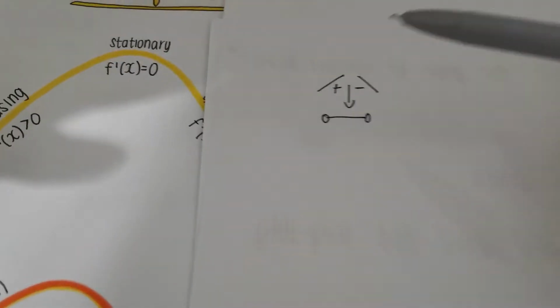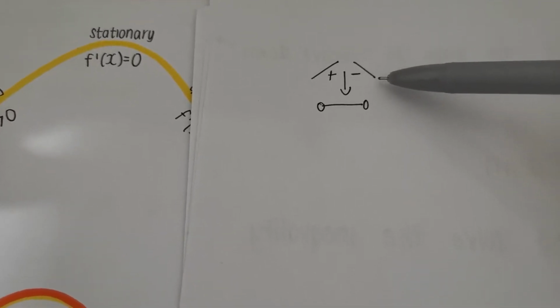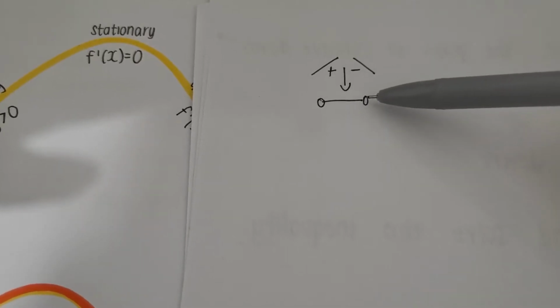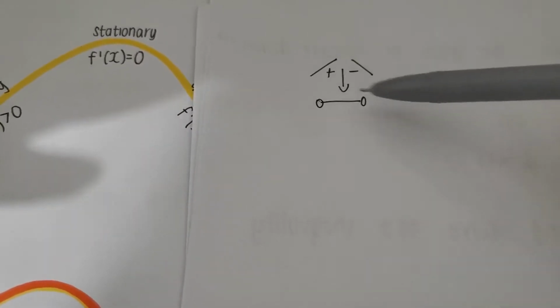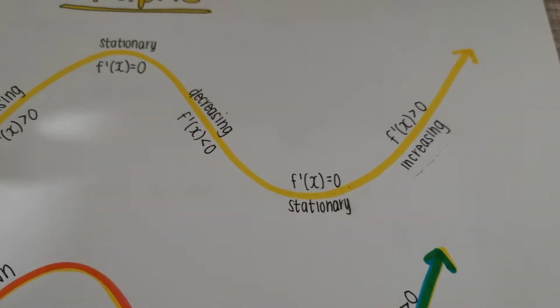And we know that when we have a positive m value, it's increasing. If we have a negative m value, it's decreasing, m being the gradient. If we have an m value of 0, it's a straight horizontal line like this. That's exactly what's happening over here.